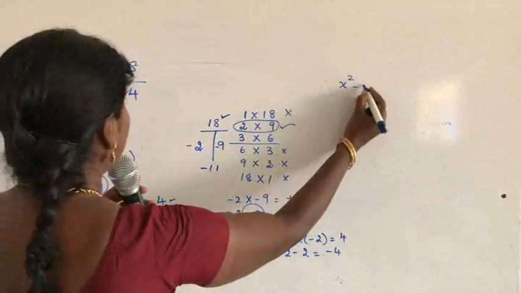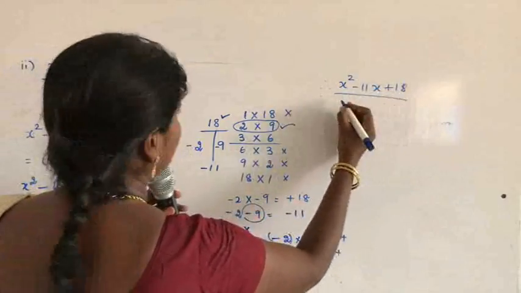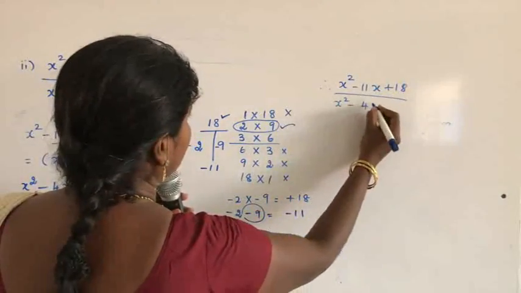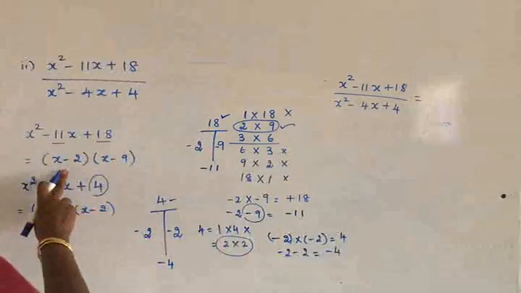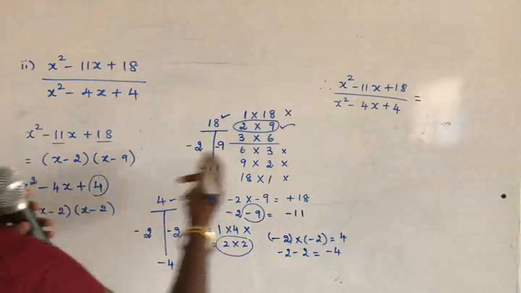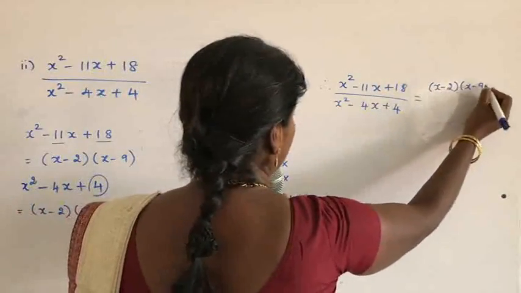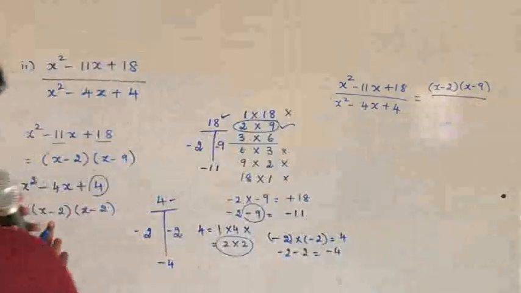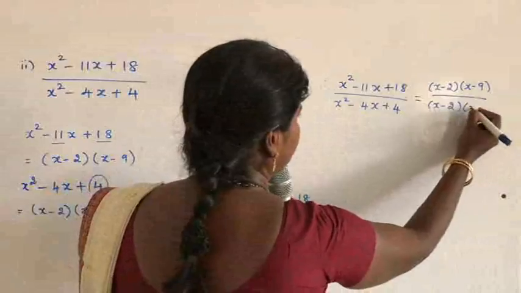Therefore, x square minus 11x plus 18 upon x square minus 4x plus 4 is equal to, in the numerator, the factors x minus 2, x minus 9, upon the denominator x minus 2, x minus 2.